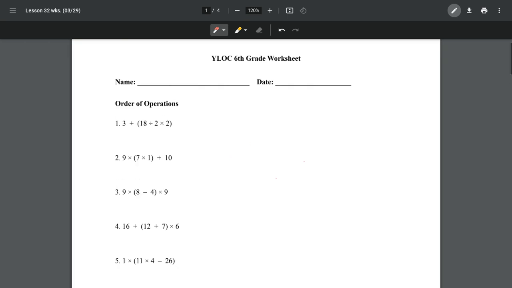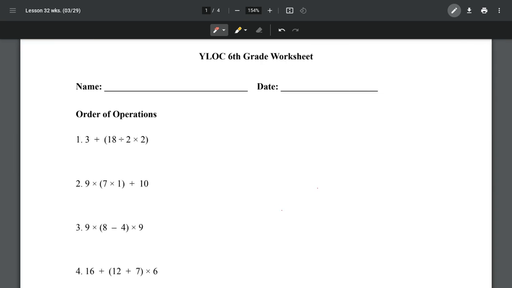So, order of operations. Hopefully you guys remember PEMDAS, right? P stands for parentheses, E for exponents, M for multiplication, D for division, A for addition, and S for subtraction. And we also know that the order is from left to right.